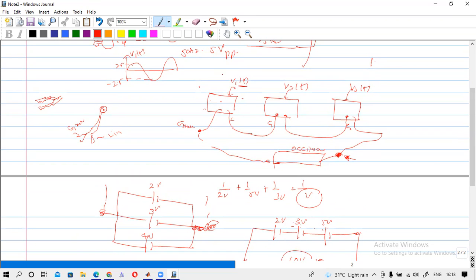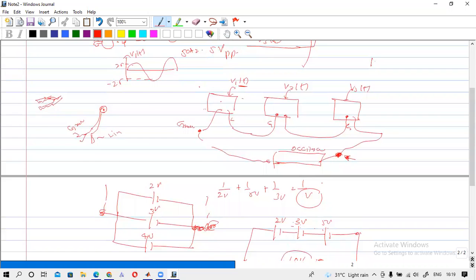If you consider time, that instantaneous value will add if you connect the signal generator like this. So I think you will get this kind of added signal.